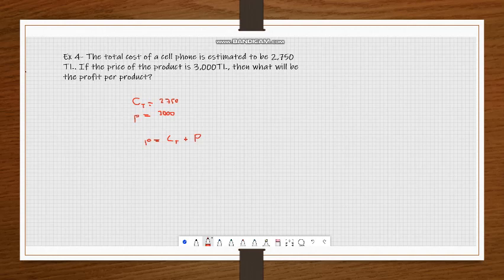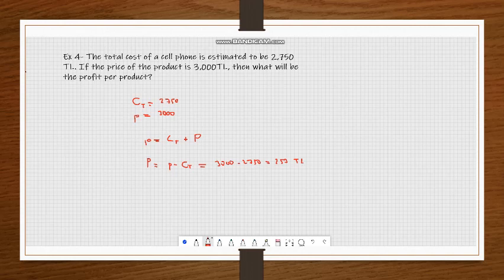So if we take profit on this side and price on the other side, we know that profit P is the price minus the total cost. So it's going to be 3,000 Turkish lira minus 2,750, so the profit of this product is 250 Turkish lira.